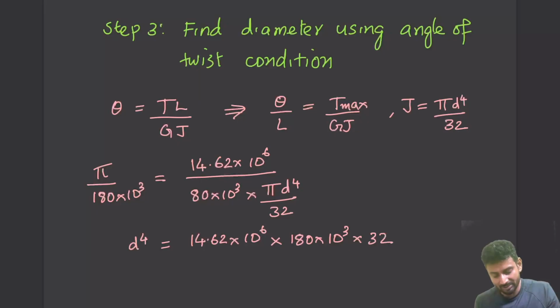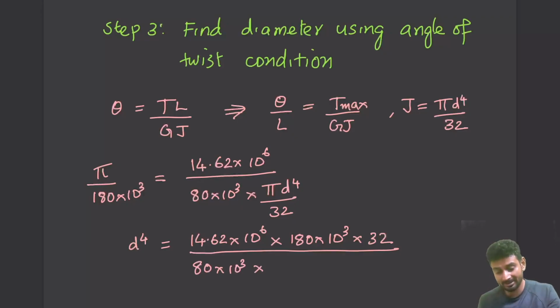So 32 divided by, in the denominator we have 80 into 10 raised to 3 multiplied by the pi from here will come here. So pi square. So this is the equation. So we can calculate the value as 1.067 into 10 raised to 8.